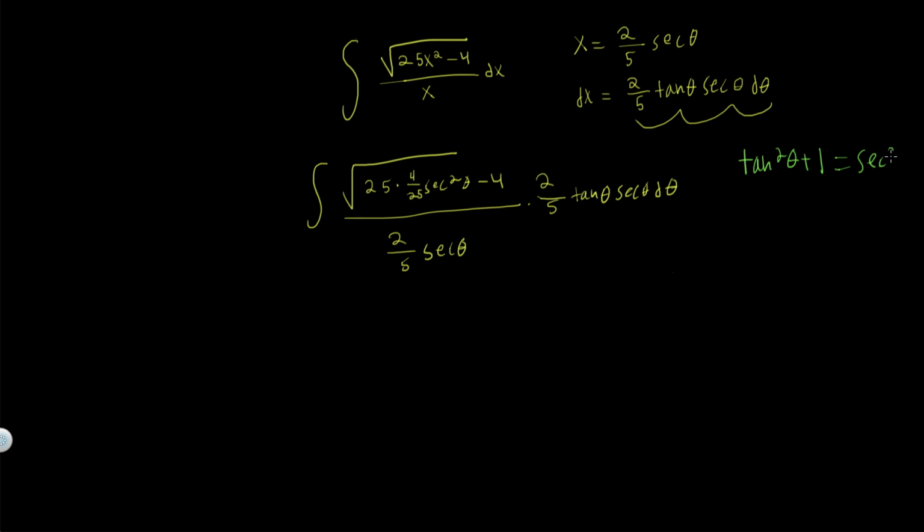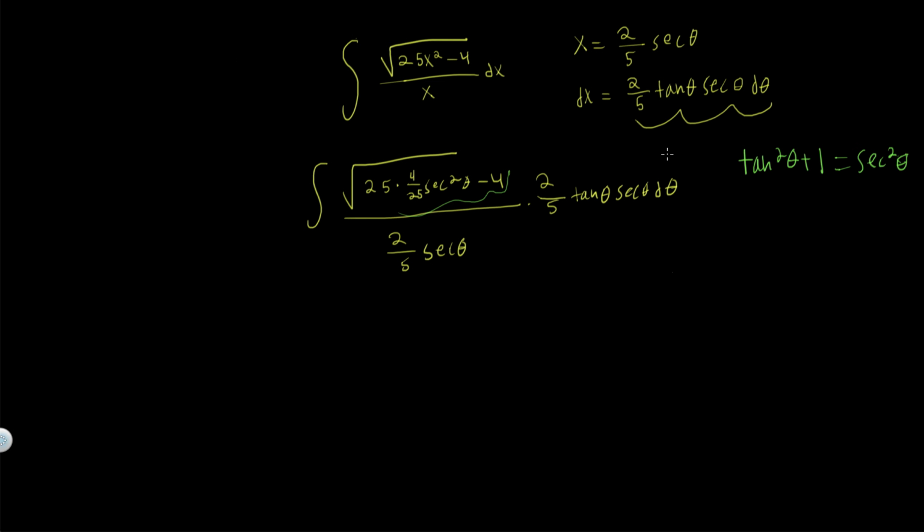This is a very fundamental and important trig identity that we should recall from pre-calculus. Let's see if we can get this expression into the format of this identity, because that will help us.